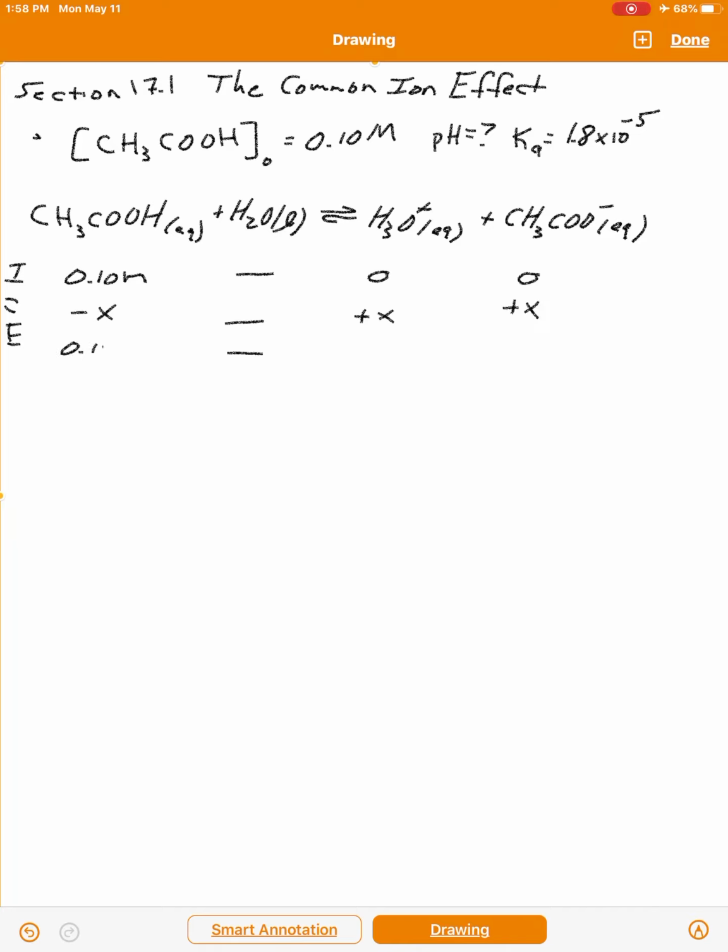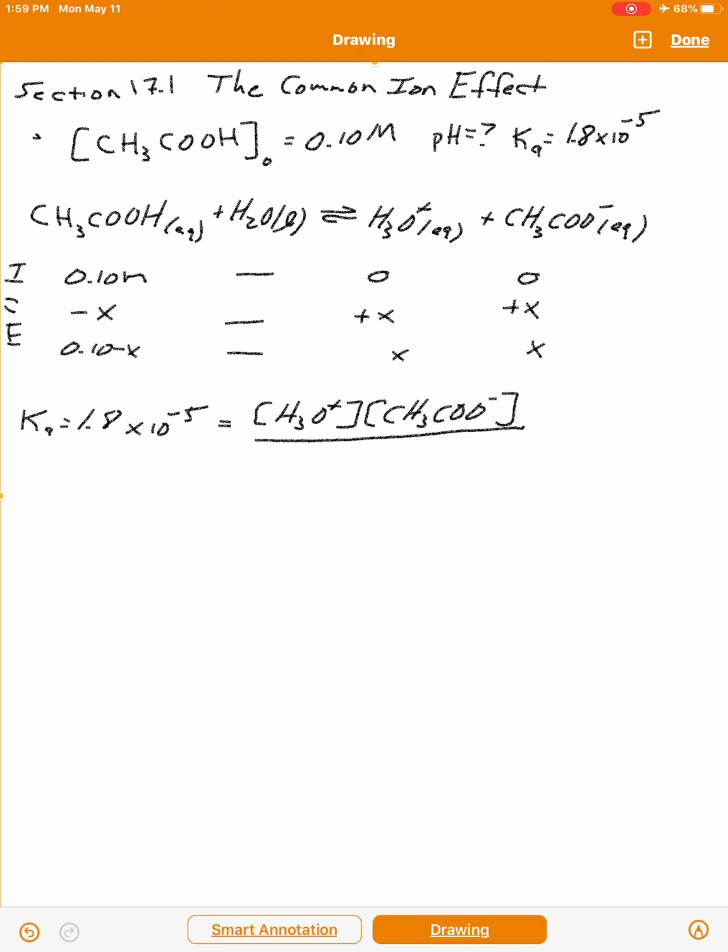So at equilibrium, we have 0.10 minus X, X, and X. Now Ka is 1.8 times 10 to the minus 5, equal to the concentration of hydronium times acetate over acetic acid concentration, which is X squared over 0.10 minus X. However, it's a weak acid.